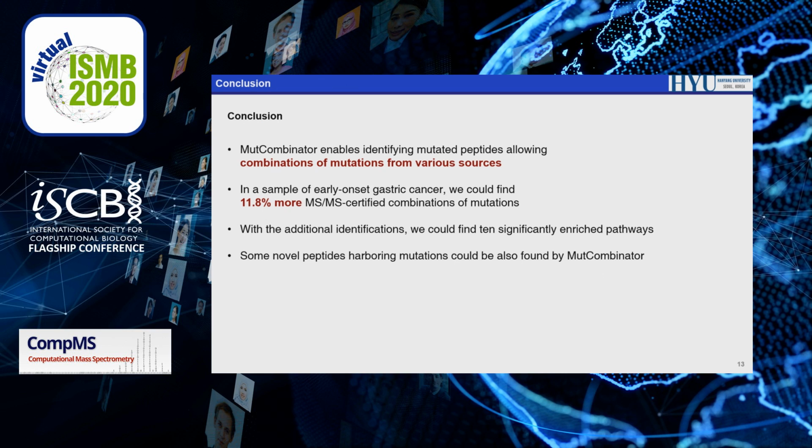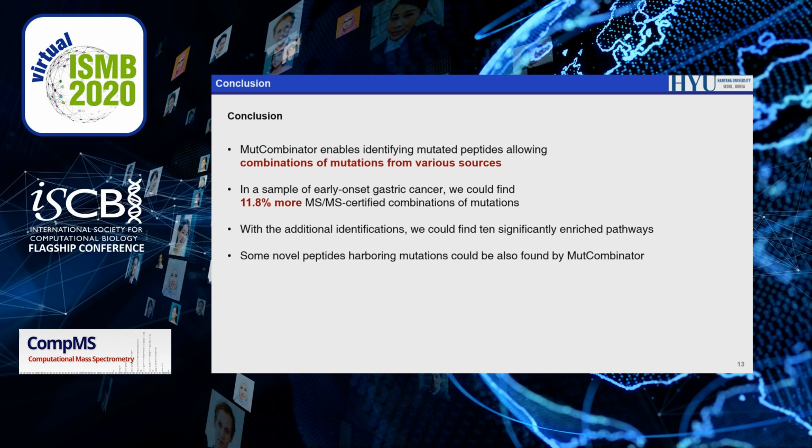In conclusion, Mute Combinator is a powerful tool to discover mutated peptides by considering combinations of mutations from various sources such as sample-specific and COSMIC mutations. We reanalyzed the previous research with Mute Combinator and could find 11.8% more MSMS certified combinations of mutations that were expressed at peptide level.